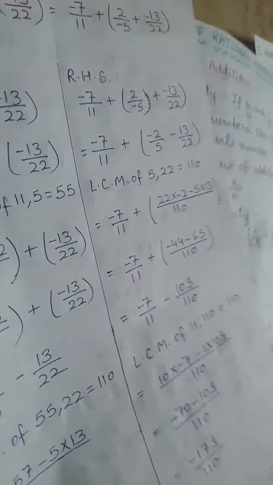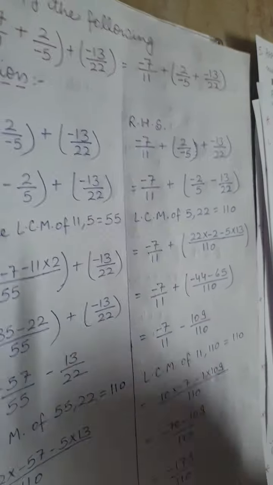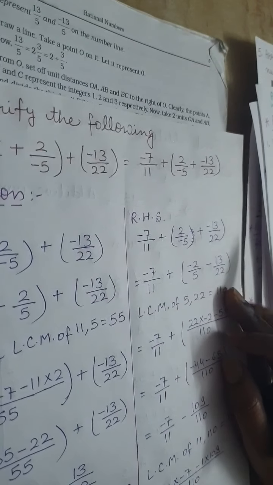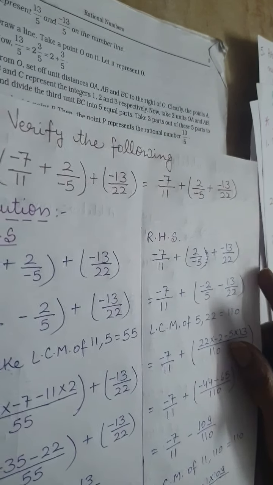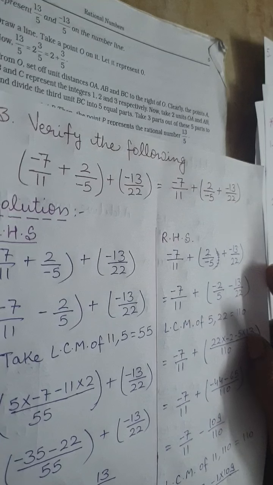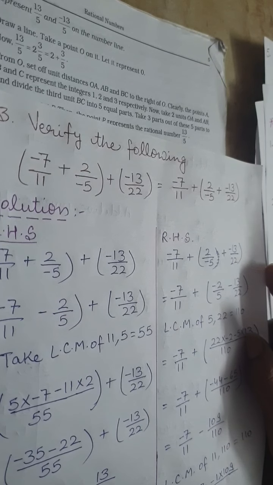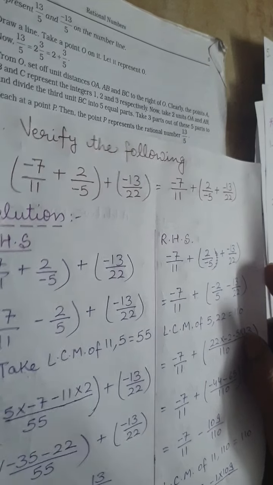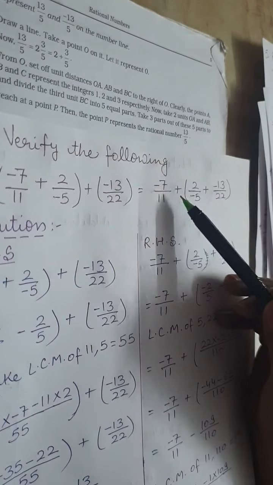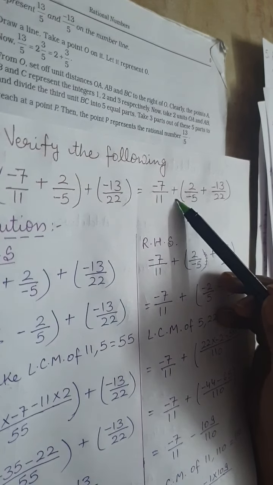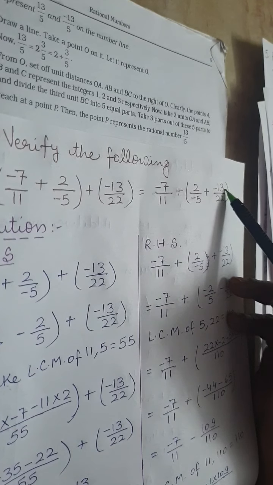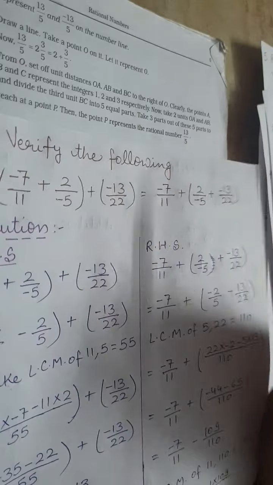This is your answer. Now take another example. You have to verify the given question, whether it is right or wrong. The question given is minus 7/11 plus 2 minus 5 plus minus 13/22 is equal to minus 7/11 plus 2 minus 5 plus minus 13/22.